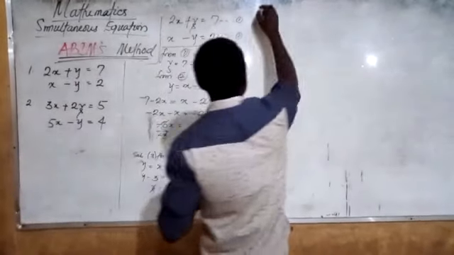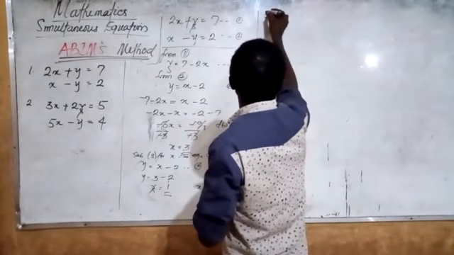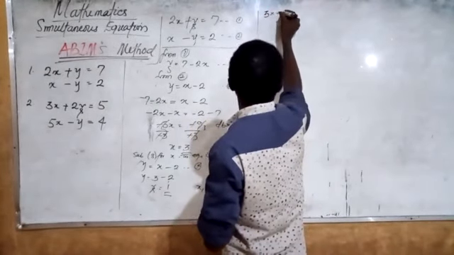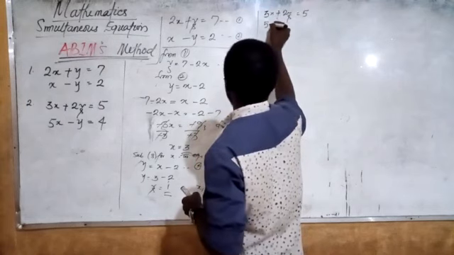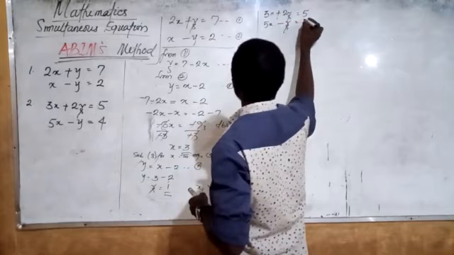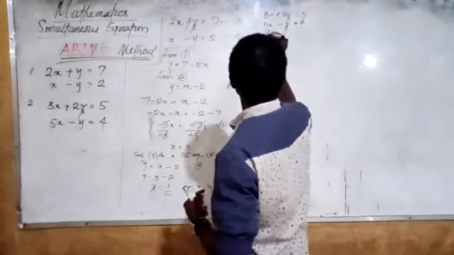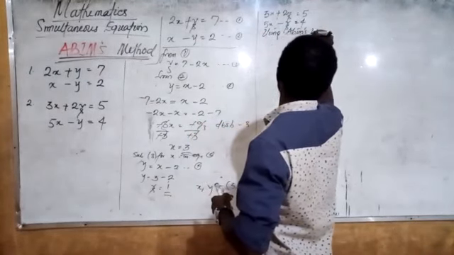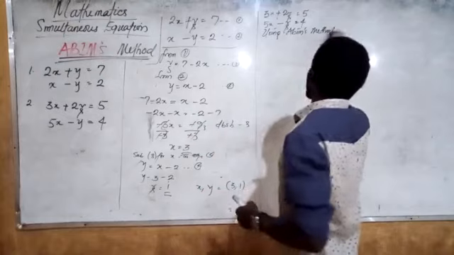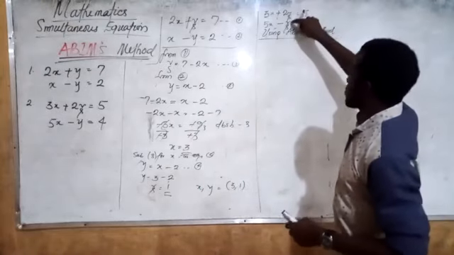So the next one says 3x plus 2y equals 5, and 5x minus y is equal to 4. Using ABIM'S method, what we want to do is make y subject here and make y subject here.